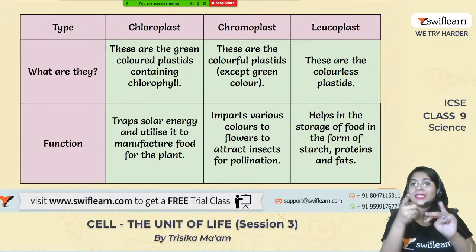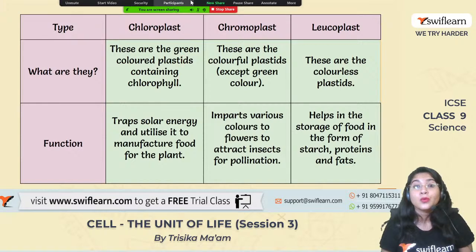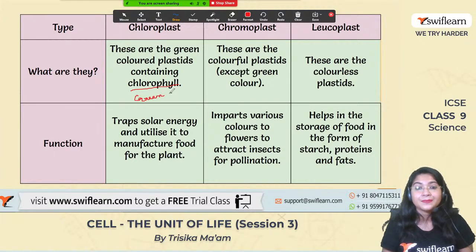Chloroplast, chromoplast, and leucoplast. So what are the chloroplasts? These are the plastids which contain chlorophyll. Chlorophyll is the green colored pigment present within the chloroplast, and this pigment gives the green coloration to all the leaves of the plant.